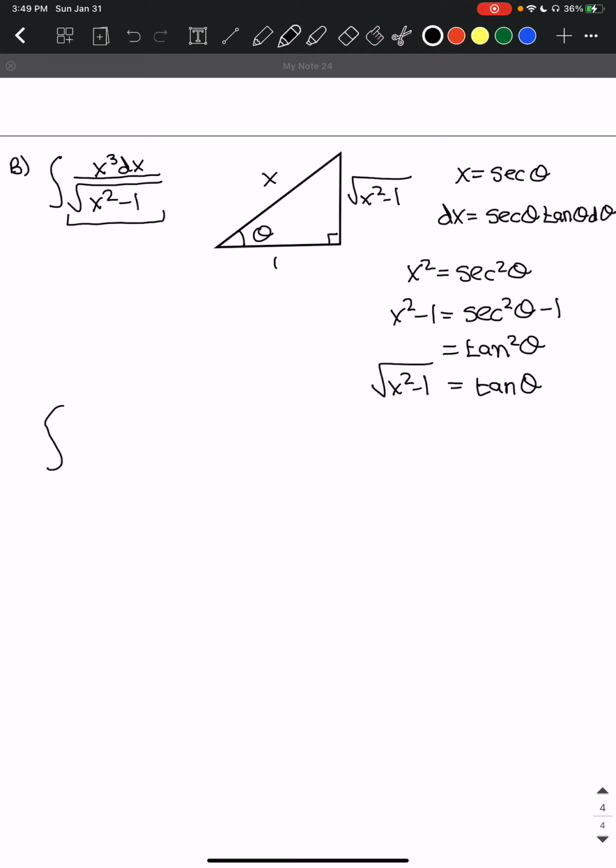And finally, we can substitute everything in. So the integral now becomes secant cubed, so that's x cubed. And then dx is secant theta tangent theta d theta. Divide that by simply tangent theta. And you see that these cancel out.